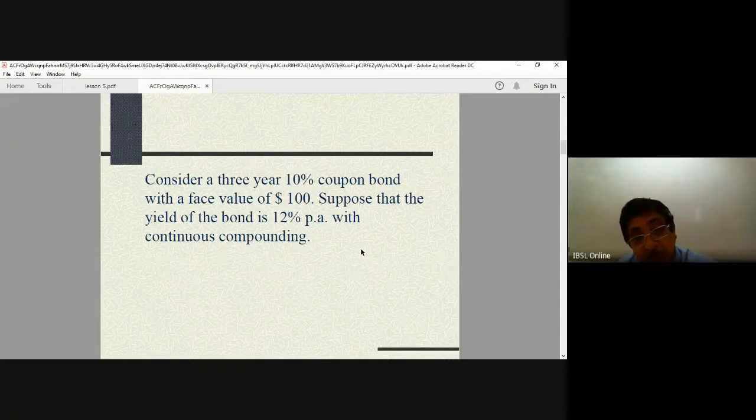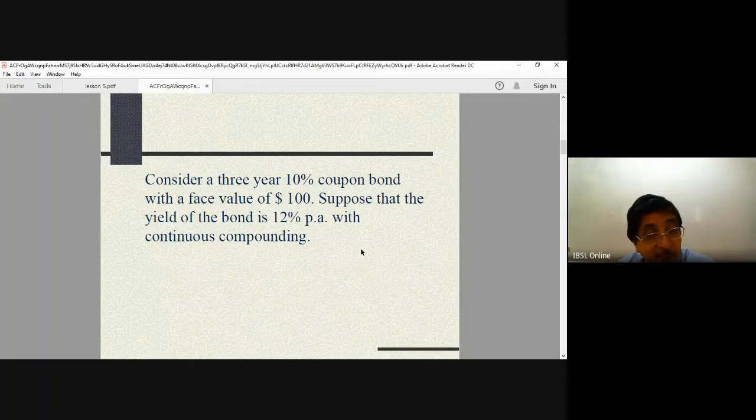Say, if it is paid daily, there will be 365 times compounding. If it is paid hourly, it will be 365 into 24 times compounding. If it is paid per minute, then it should be 365 into 24 into 60.